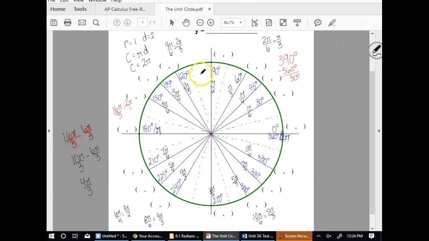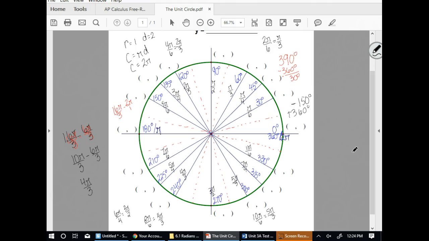Also, the unit circle always goes counterclockwise. If you have something that's negative, what I would suggest doing, like if they give you negative 150 degrees, that means it went this way instead. But you could just do this: add 360 to it, right? Because that's a full rotation.